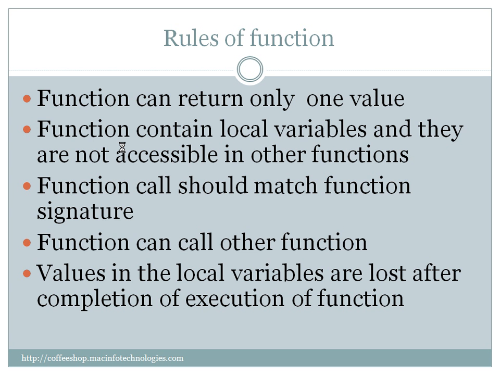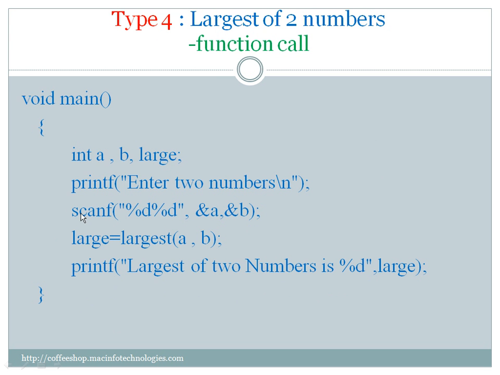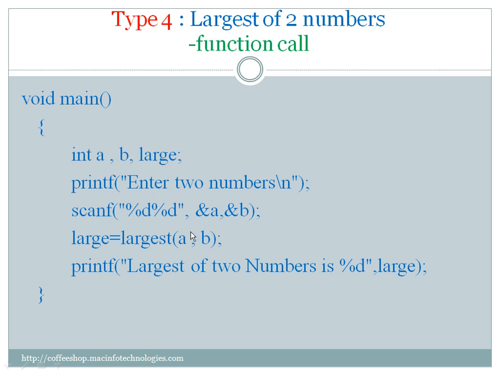Values in the local variables are lost after the completion of execution. Once you initialize a value in a function, for example, if I say here somewhere large is equal to 10, when this program executes and you call the largest function, it comes to this function.